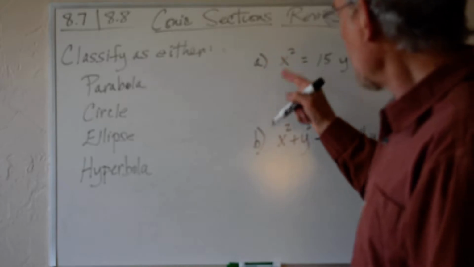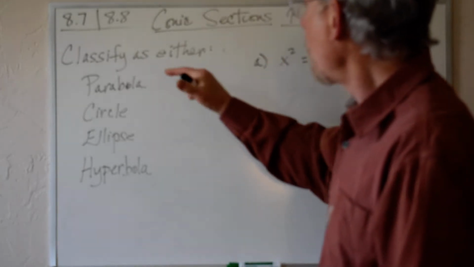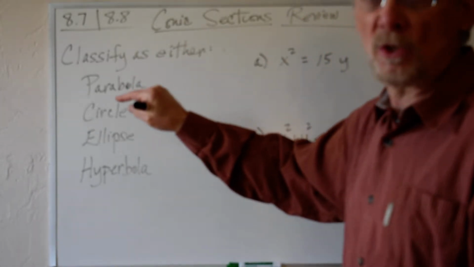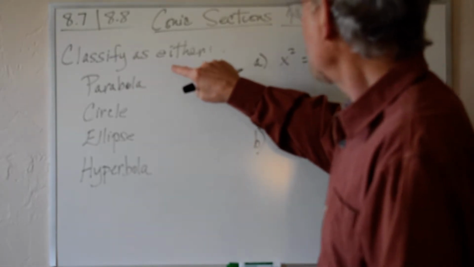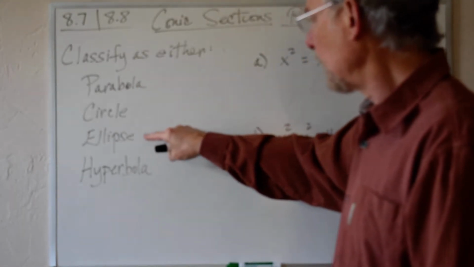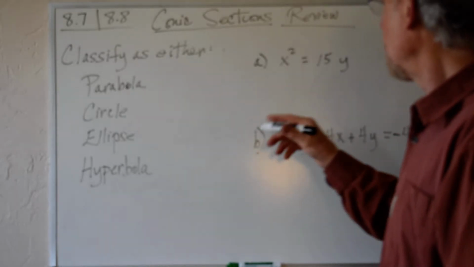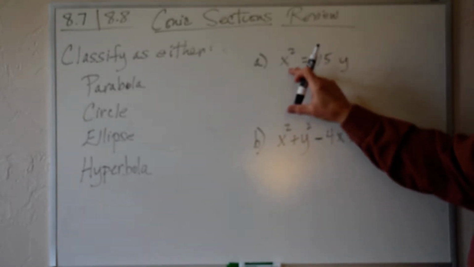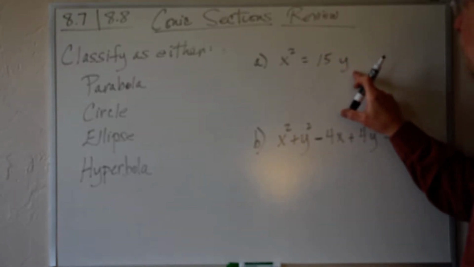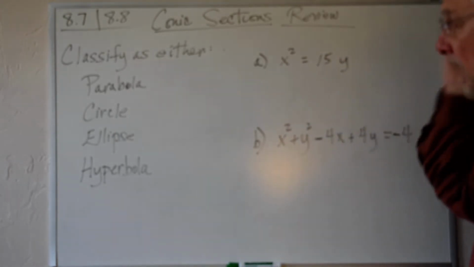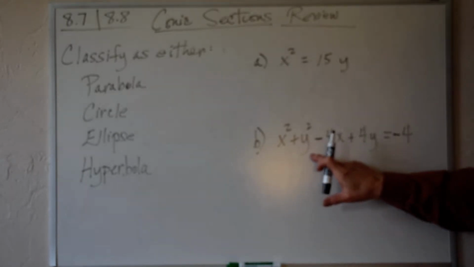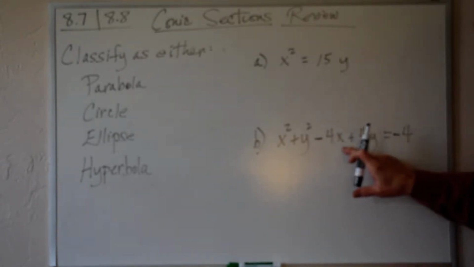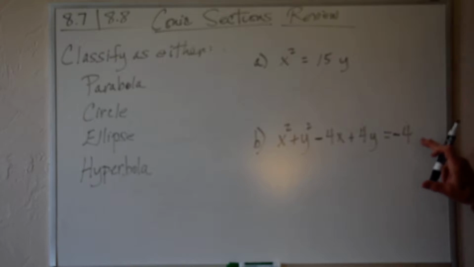For each part of this problem, I want you to classify the equation or the graph as either a parabola, a circle, an ellipse, or a hyperbola. So in part A, there's an equation, x squared equals 15y. In part B, x squared plus y squared minus 4x plus 4y equals negative 4. Go ahead and classify those two.